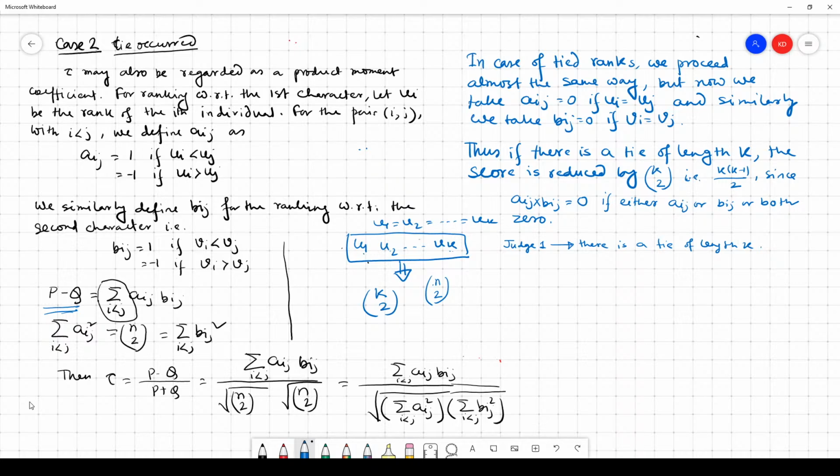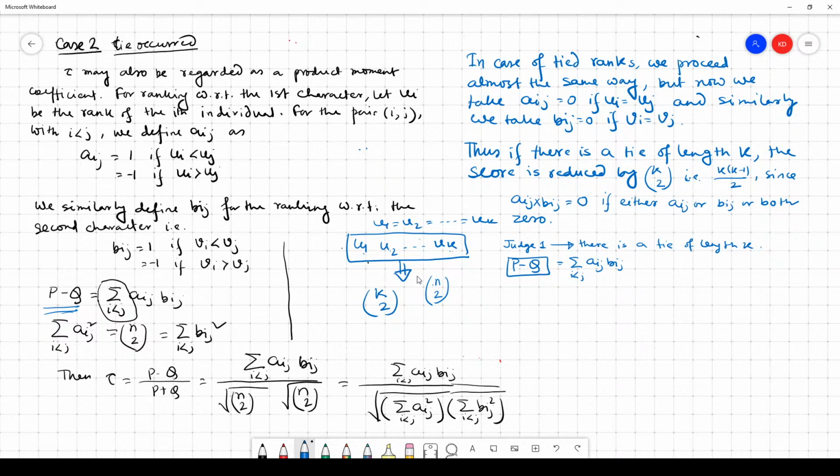But the additional thing is, when ties occur, you should use 0 or ignore this term. In the same way you can easily compute p minus q. There is no problem. If there is no contribution, you should add 0, otherwise just compute aij into bij. The same way.